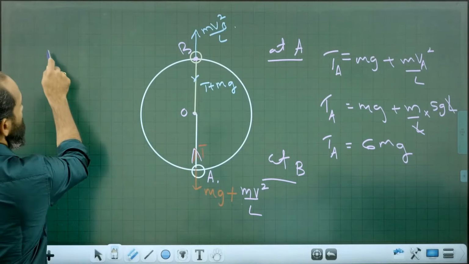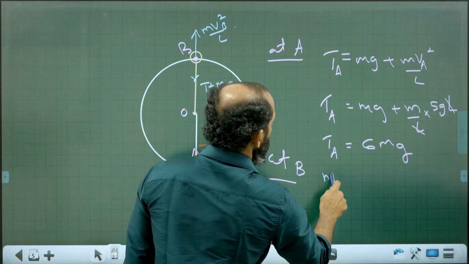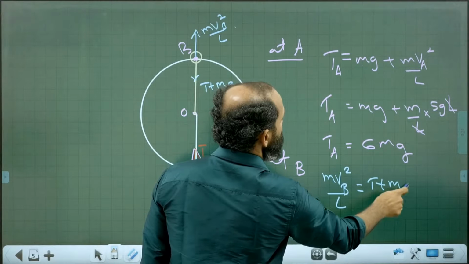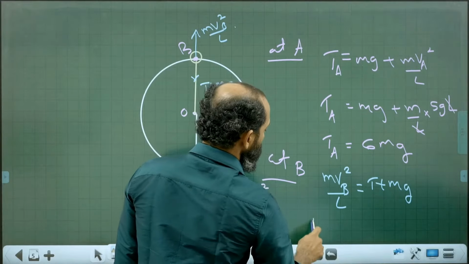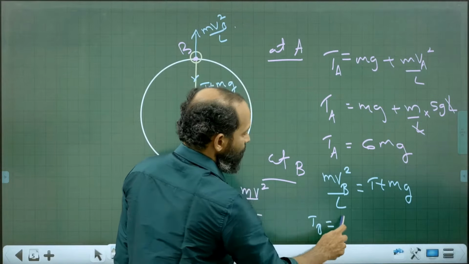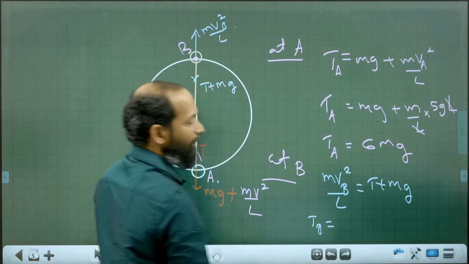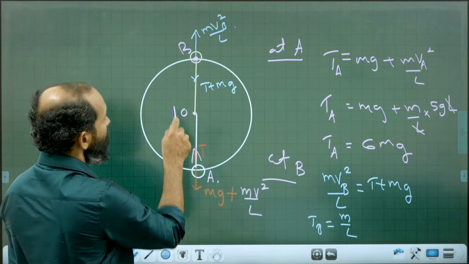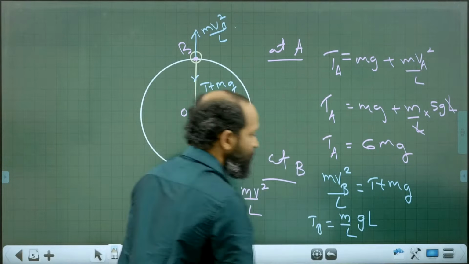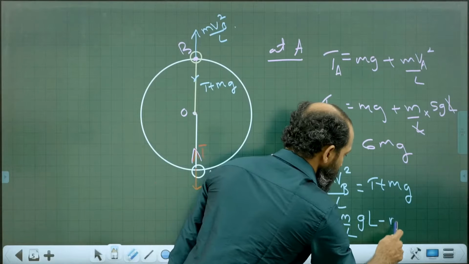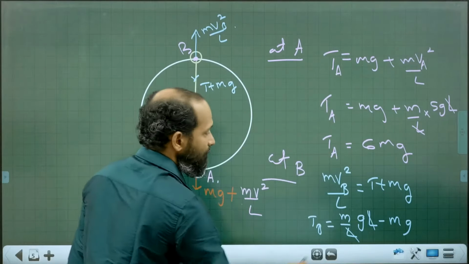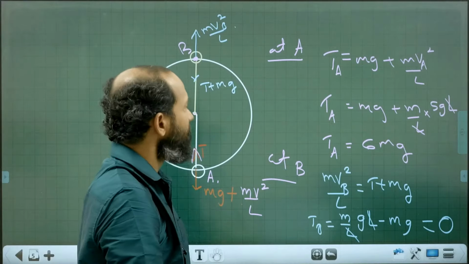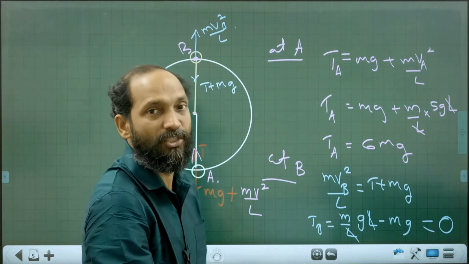Balancing at B: m vB square by L is equal to T plus mg. That is T at B equals m vB square by L minus mg. That is m by L into vB square, vB is root gL, its square is gL, minus mg. L gets cancelled. mg minus mg becomes 0. So the tension happens to be minimum when it reaches the top, and that is 0.